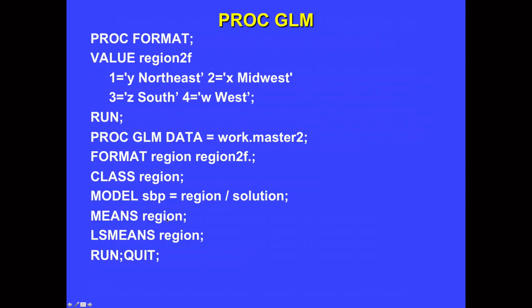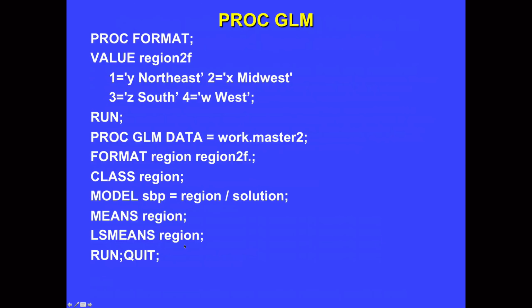So any variable you have in the mean statement also has to appear in the class statement. And similarly, the LS means gives you the least squares means. And effectively, these are adjusted mean values of the outcome variable across levels of any classification variables specified in the LS means statement.